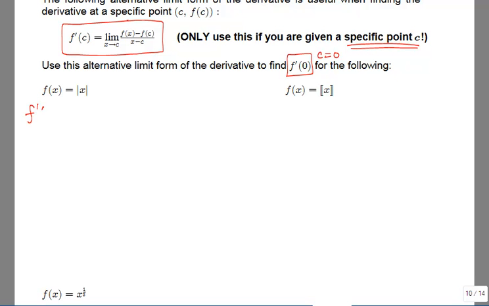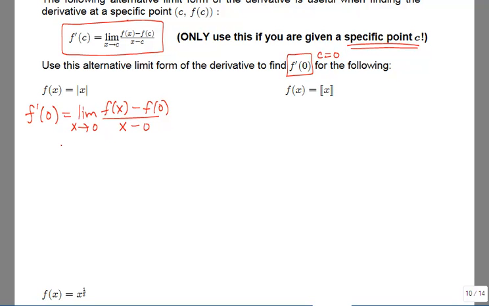It says that the derivative at 0 would be defined to be the limit as x approaches 0, because c is 0 in this problem, of f of x minus f of 0 over x minus 0. So all I did was use this formula, plugging in 0 for c.